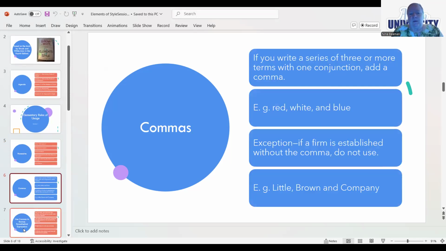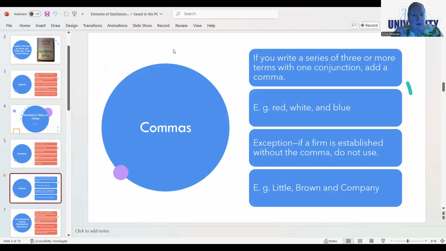So let's talk about commas because students have a lot of trouble with commas. And your Microsoft editor will actually show you where you use commas and where you don't. But there's a phenomenon known as the Oxford comma. And if you write in series of 3 or more terms with one conjunction, and a conjunction, con means with, junct means join.